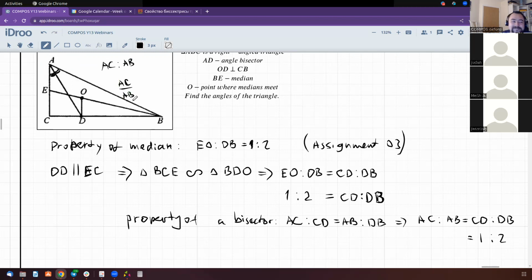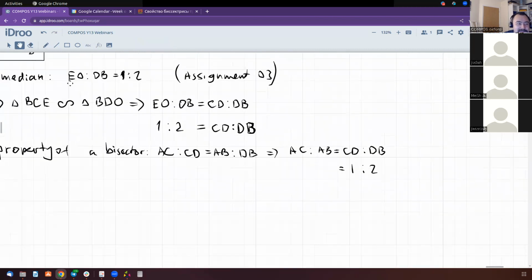Would that help? What is AC to AB? I'm not asking for numbers. Yes, it's the sine of the angle. It's sine B. Of course. AC to AB, that is sine B.